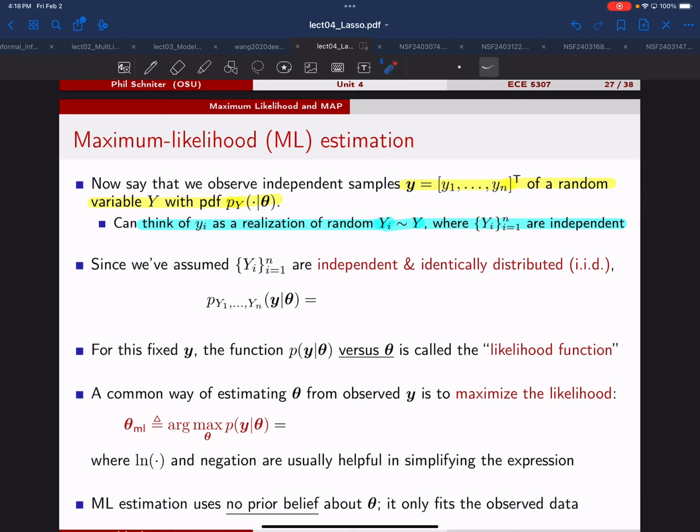So now we have a whole bunch of data, and we can think about the joint distribution, or let's say, what is the probability now of this vector y? This vector y actually has a bunch of samples in it. Each of them corresponds to a particular random variable.